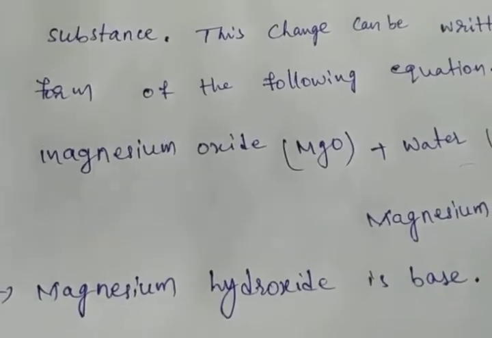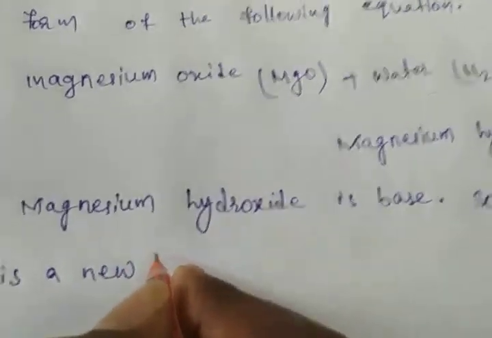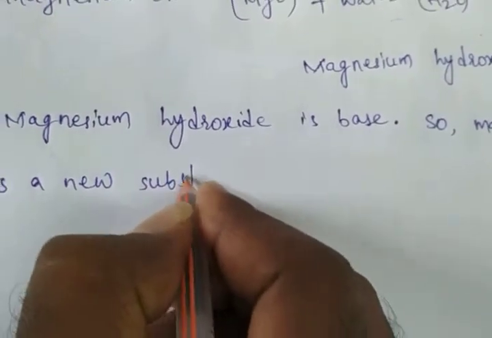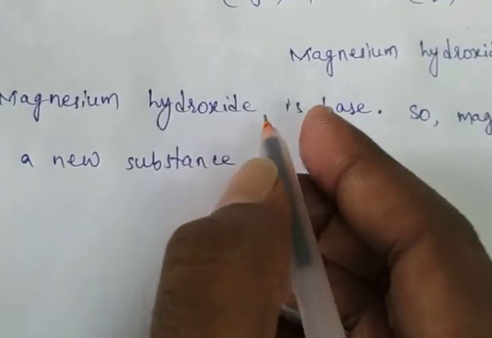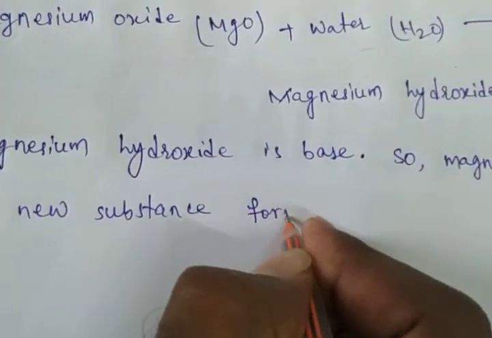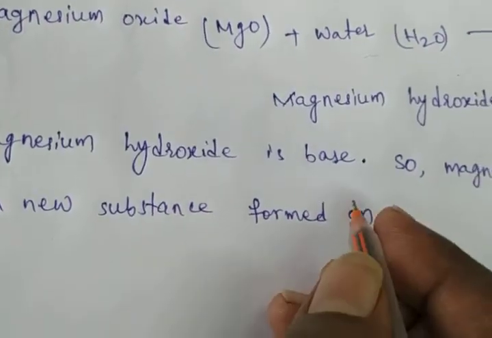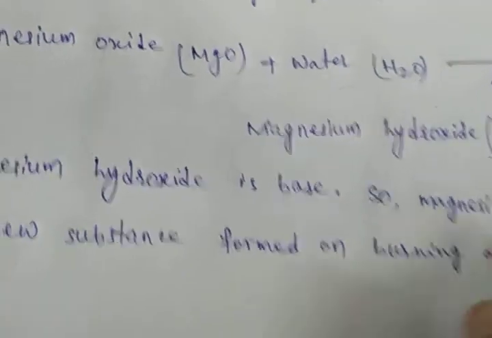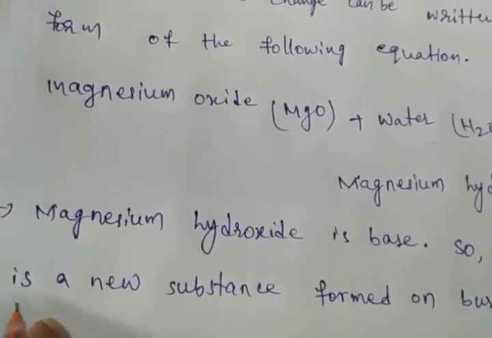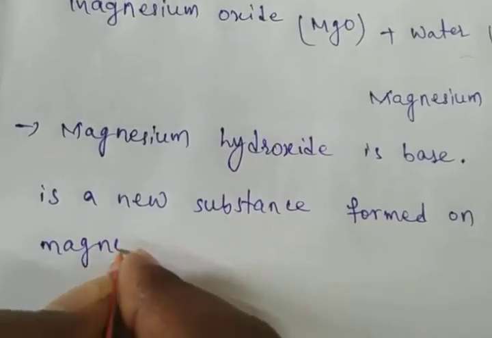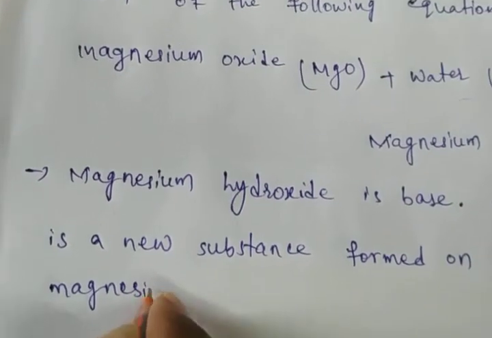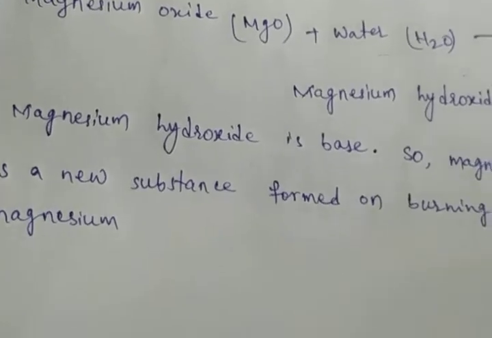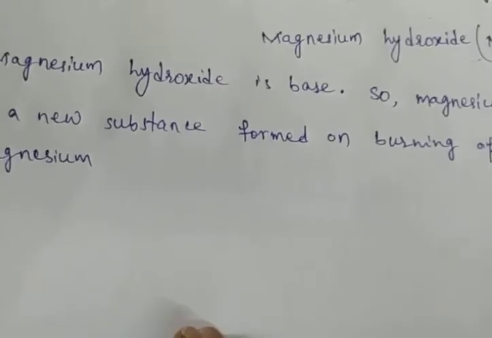Magnesium oxide is a new substance formed on burning of magnesium. Okay, magnesium hydroxide is a base, so magnesium oxide is a new substance formed on burning of magnesium.